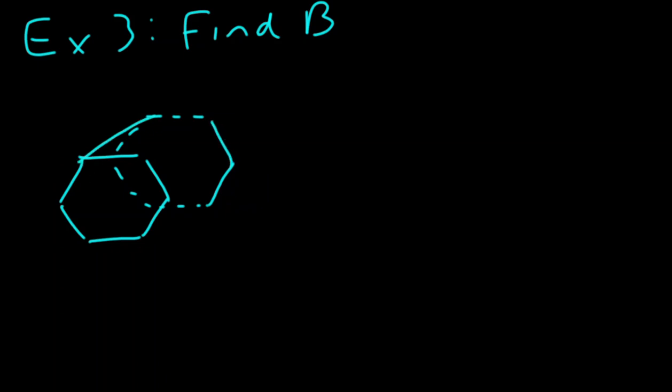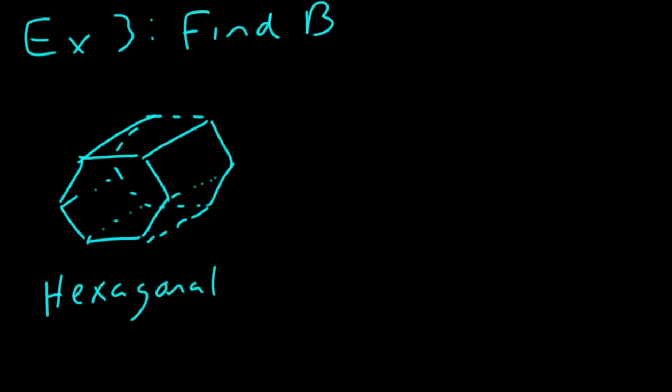As I draw this, I think it's relatively apparent. We know that the base is going to be one of these hexagons, and we actually call this a hexagonal prism. Let me write that out. This is a hexagonal prism.